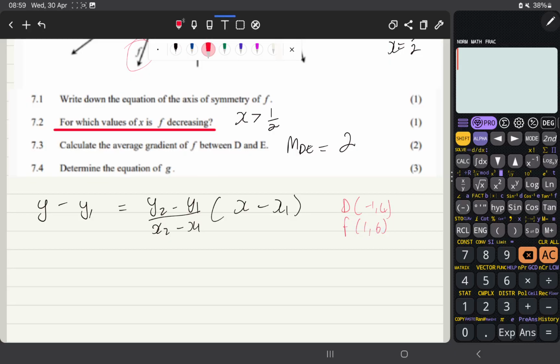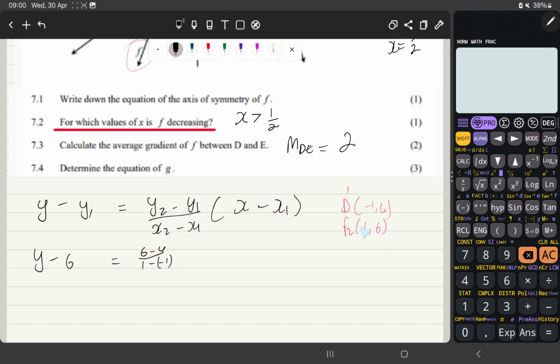Yeah, so we have D and F. I'll say this is point 1, this is point 2. Right, so that means here I'm going to have y minus 6. I'm going to have 6 minus 4, 1 minus 1.